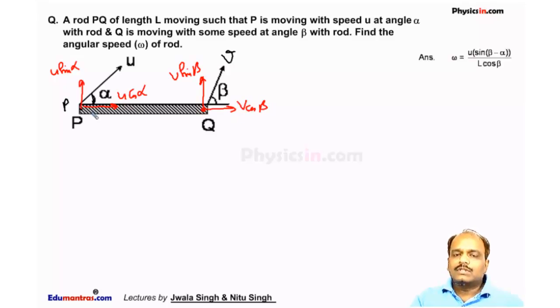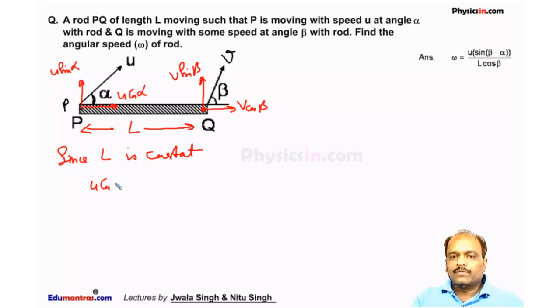And we know, since the length of this rod is constant, so u cos alpha, the velocity of this particle along this length, must be equal to v cos beta. So v cos beta, this is the first expression.